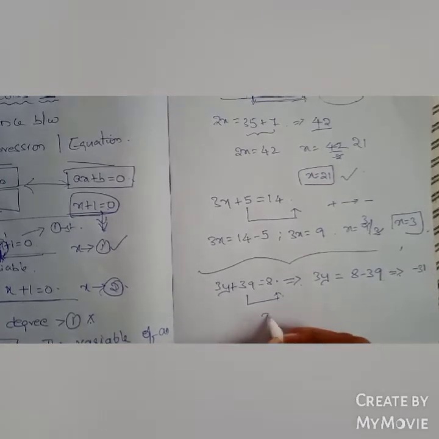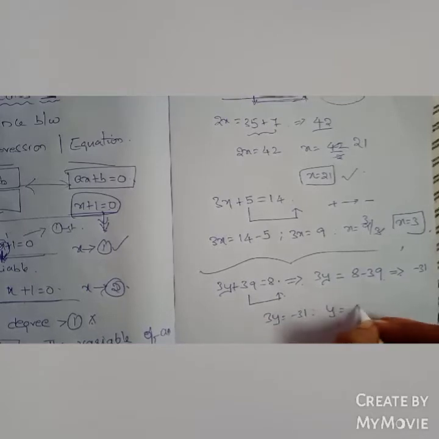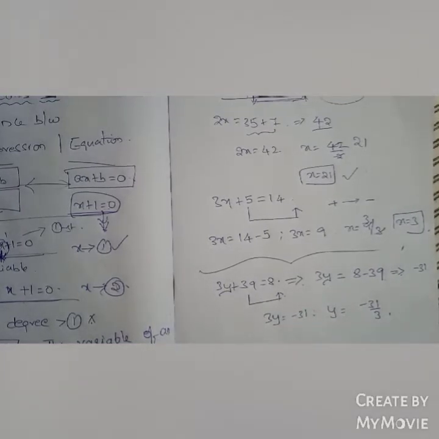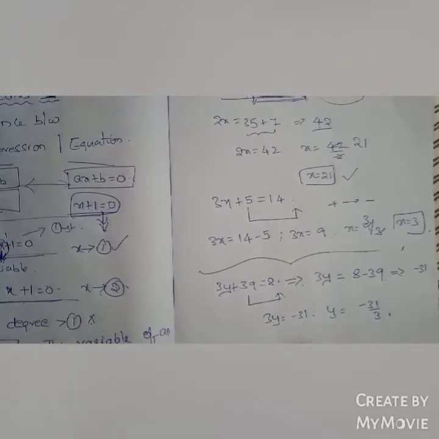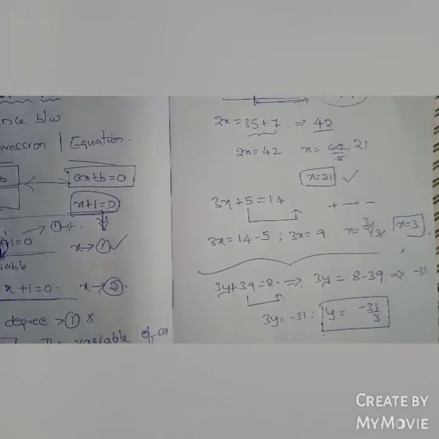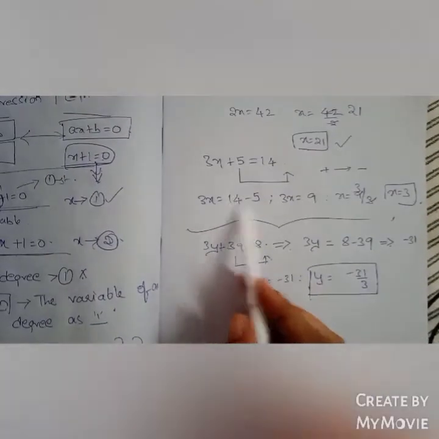So 3y is equal to minus 31, where y is equal to minus 31 by 3. What's the value of y? Minus 31 by 3.